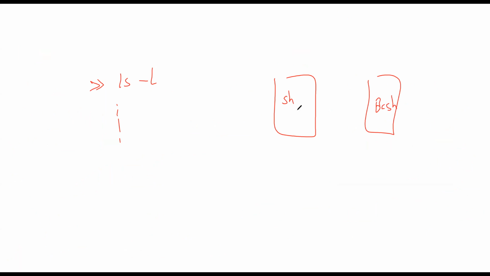A symbolic link in Linux is this: whenever you do ls -l on the terminal, it gives you a list of all the files, right? Yes. But sometimes you might have a file, let's say this is the folder and there's another folder, and bash might be in another folder. And sh, which is not a file per se, it's just a name, might be in this folder.